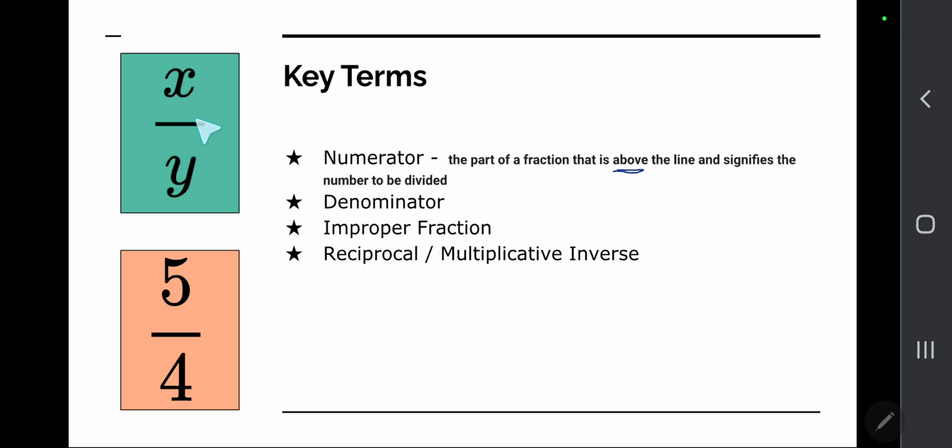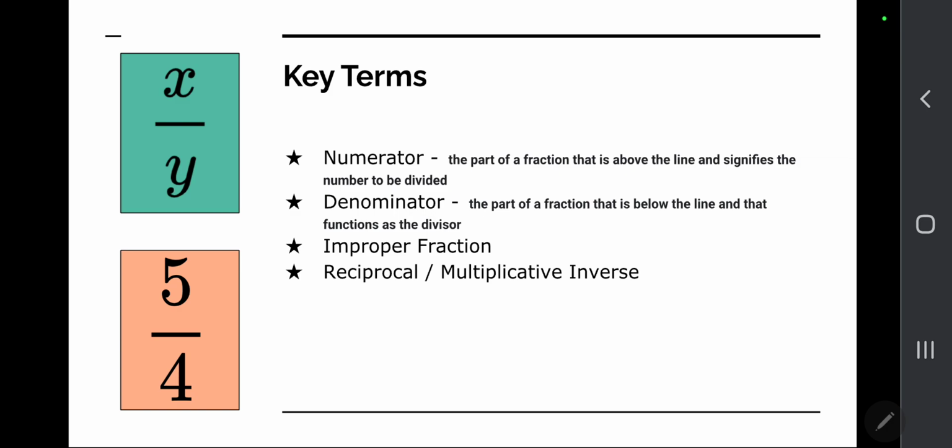So for x over y, what's above the line? X is above the line, so x is the numerator. For 5 over 4, 5 is above the line. 5 is our numerator. 5 will be divided by 4, into 4 pieces.